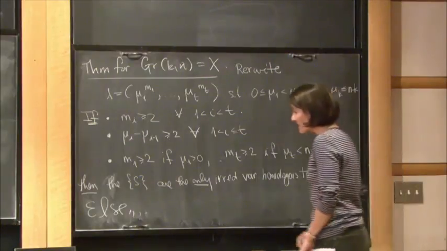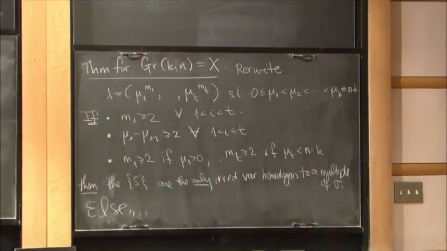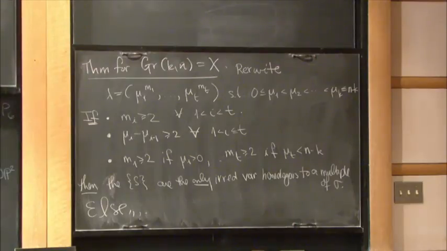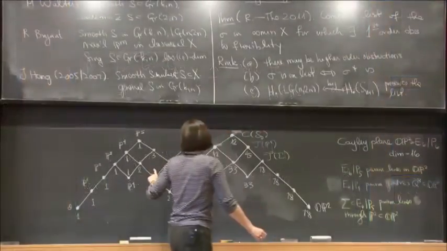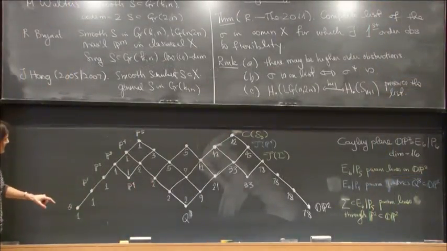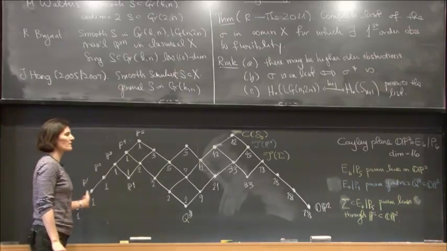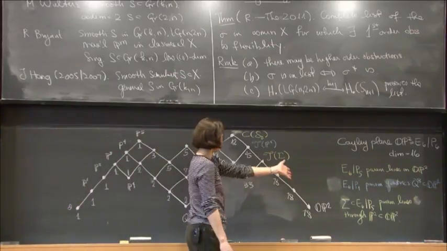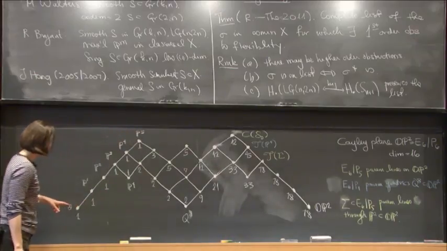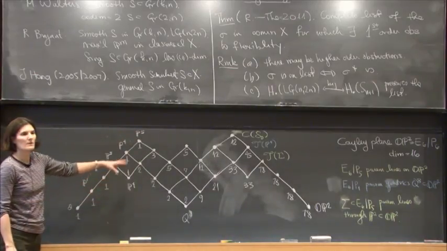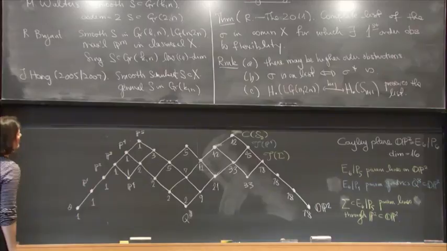Okay. But just as one more example, let's take a quick look at the Cayley plane. That's one of our exceptional examples. This is a 16-dimensional variety. And what I've drawn on the board is its Hasse poset. So each node represents a Schubert class. The dimension of the class increases as you walk in this direction. And each node is labeled with its degree in the minimal homogeneous embedding.